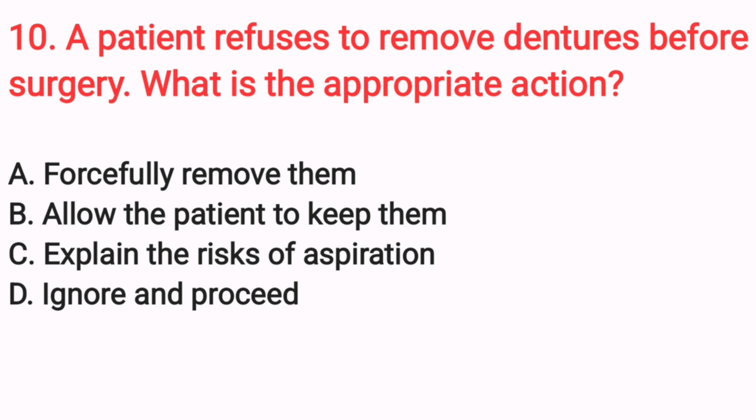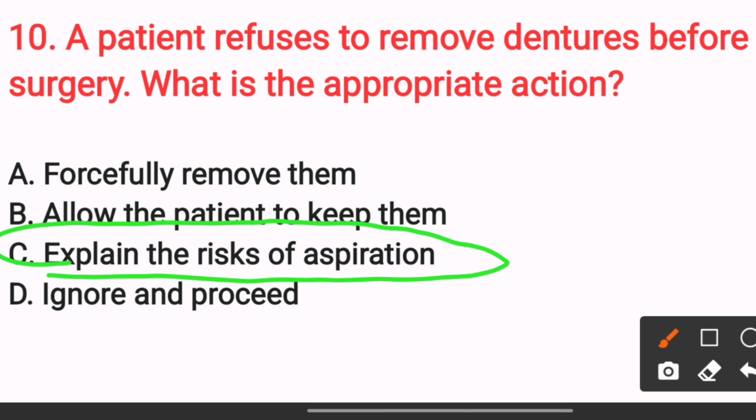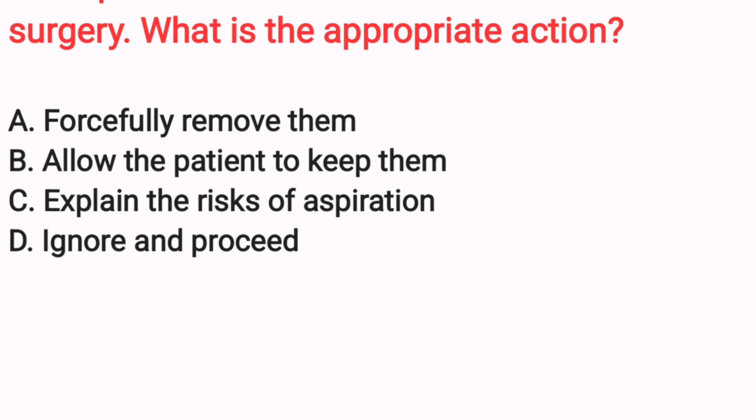The answer is option C, explain the risks of aspiration. Dentures must be removed to prevent aspiration. The nurse should educate the patient and tell the patient that the dentures will be kept safe.